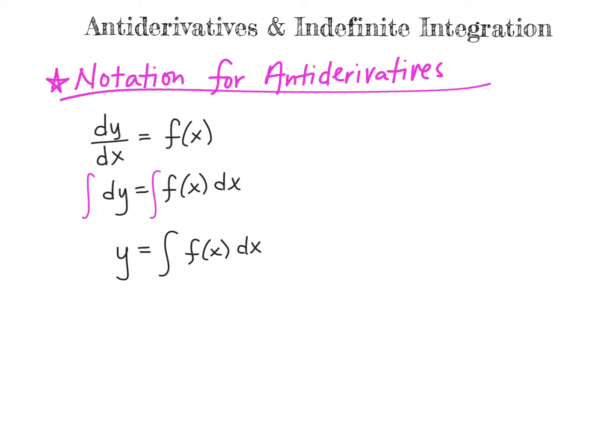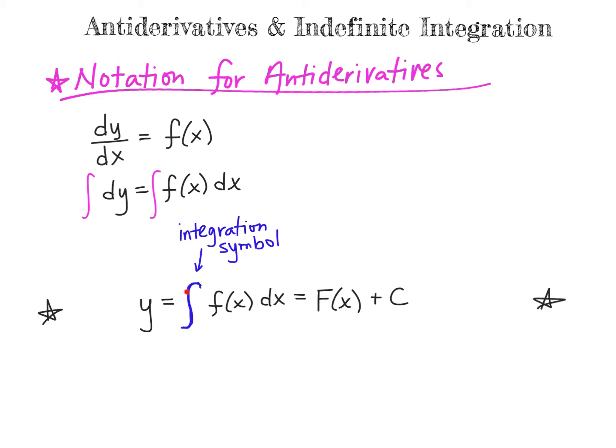So as we've already defined, the antiderivative of this is capital F of x, and then of course plus c to account for the potential constants on that antiderivative. Here's what you should write down in your notes. This line right here, and then I'm going to point out all the vocab associated with this. As mentioned previously, this little snake-like S symbol is called the integration symbol, and it's telling us that we're about to take the integral of something, aka take the antiderivative of it.